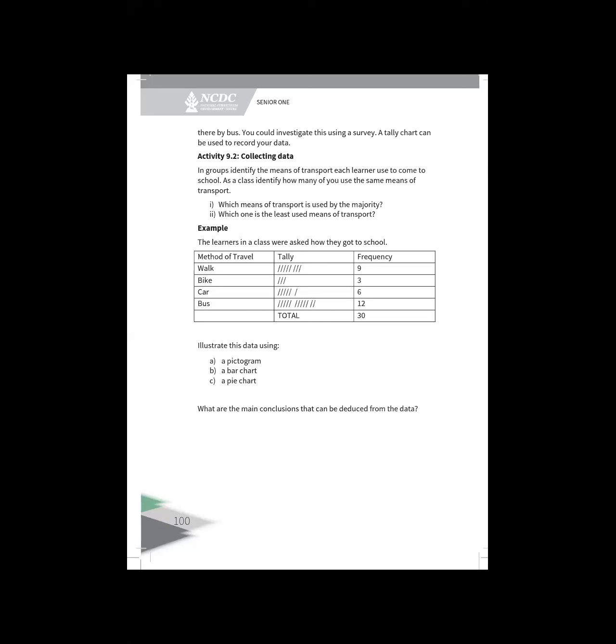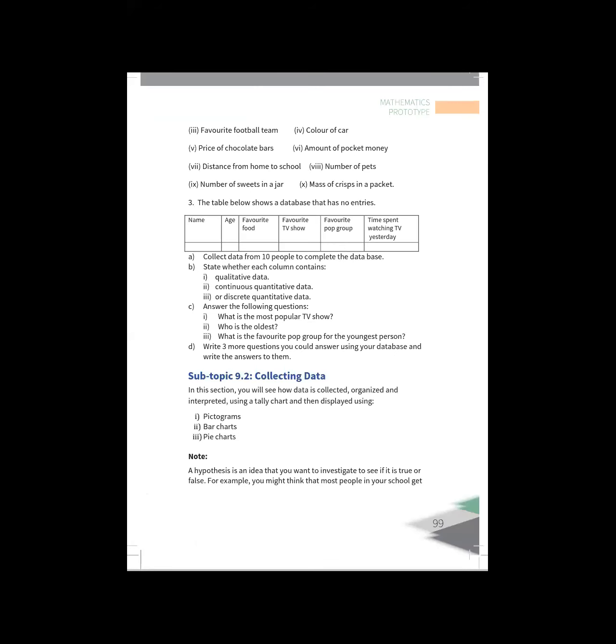But they say to write 3 more questions you could answer using your database, like from the things you already wrote. So would Crown's questions be correct in this case?